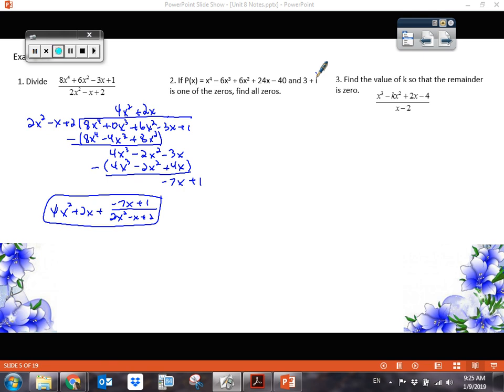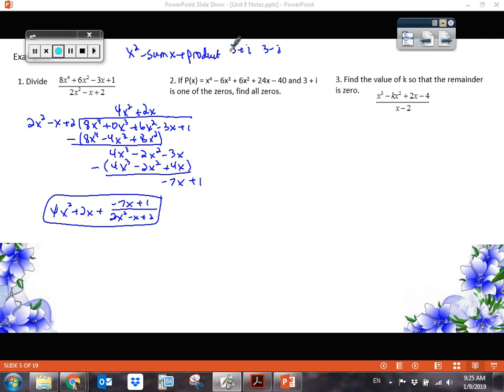What I would do is take these two. It has a little partner, right? 3 plus i isn't by itself, it'd be too lonely. 3 minus i is also with it. So I'm going to take the zeros, 3 plus i and 3 minus i, and use this formula: x squared minus sum x plus product.